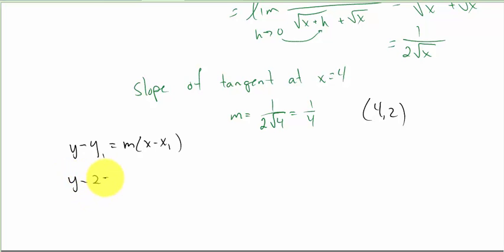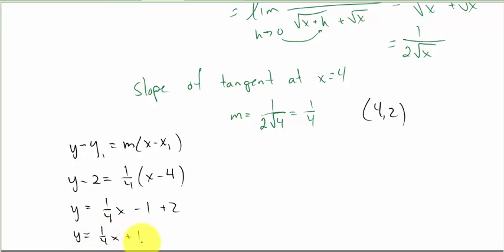So y minus 2 equals 1/4 times x minus 4, y equals 1/4 x minus 1 plus 2, add 2 to both sides, so y equals 1/4 x plus 1. There is the equation of my tangent line.